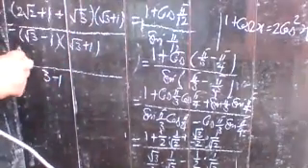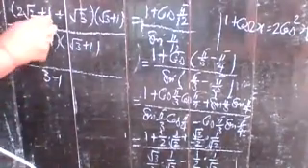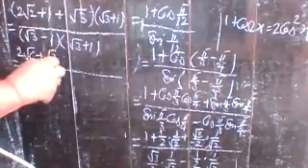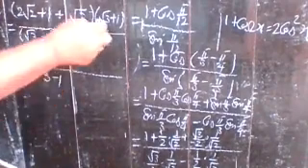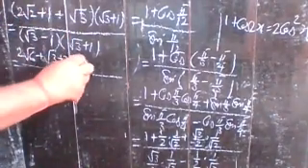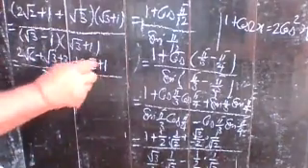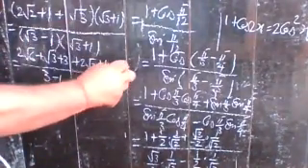So here you have 2 root 6 plus root 3 plus 3 and 1. So 2 root 2 plus 1 plus root 3.